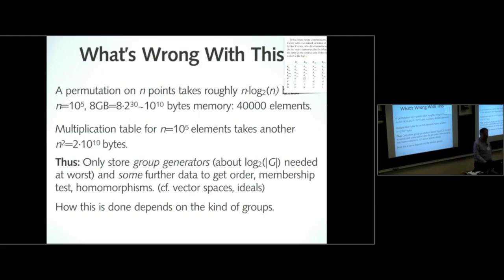Just as a back of envelope calculation, if we have permutations, to store a permutation on n points, we need roughly n times log n bits. If we have permutations on 10 to the 5 points, we have 8 gigabytes of memory. We can store about 40,000 permutations.